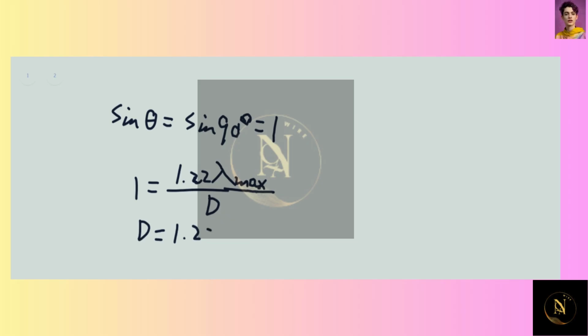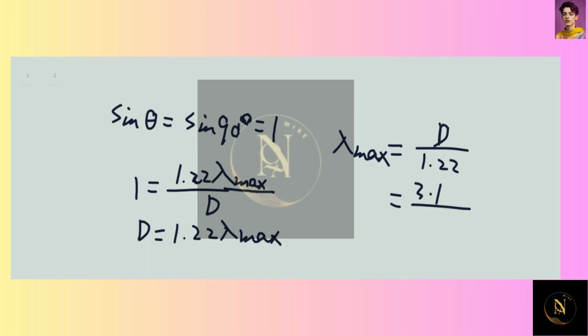So d is equal to 1.22 lambda max. Lambda max is equal to d divided by 1.22, which is 3 times 10 to the negative 3 meters, since 1 millimeter is 10 to the negative 3 meter, divided by 1.22.